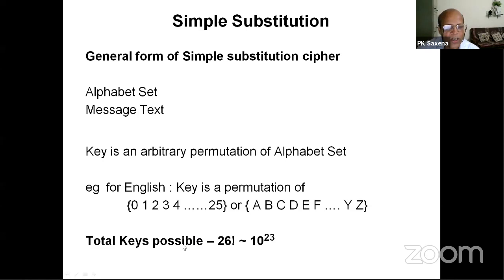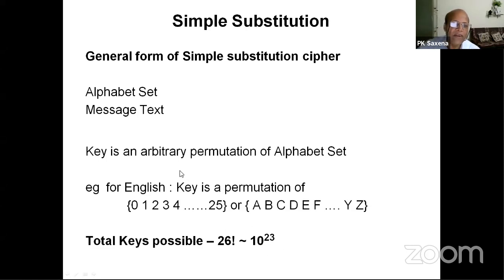So here the total possible keys will be 26 factorial, because the total number of permutations of these 26 alphabets is 26 factorial. So this simple substitution cipher seems to have a very, very huge key size. 10 power 23 is a very big number.